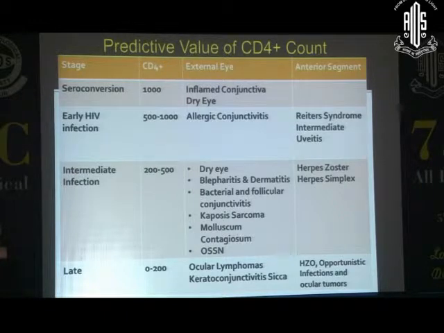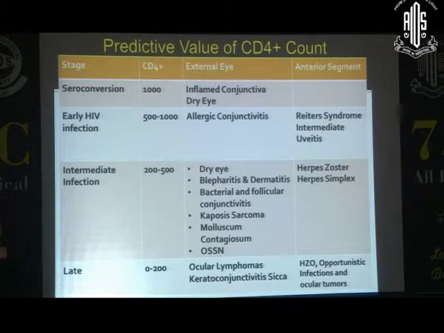However, as the CD4 count goes down to less than 500, patients may have a very resistant type of dry eye, blepharitis and dermatitis, bacterial and follicular conjunctivitis, Kaposi sarcoma, molluscum contagiosum, and ocular surface neoplasia. Along with that, there is increased propensity for developing herpes zoster and herpes simplex.